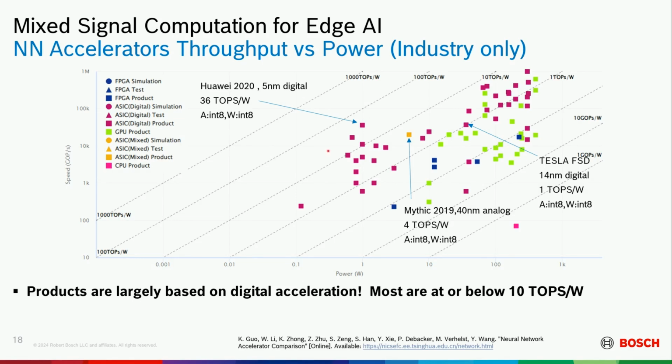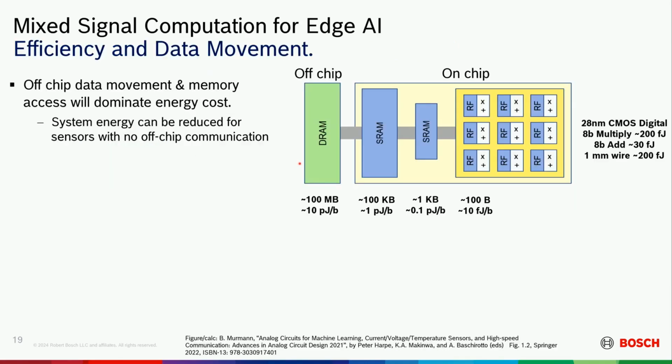There are a few of them out there a little higher. But that's sort of the limitation there. And what is causing that limitation? Well, there's a lot of different things. It's highly architecturally dependent. This picture is from a book chapter that Professor Murmann just published maybe a year ago or so.